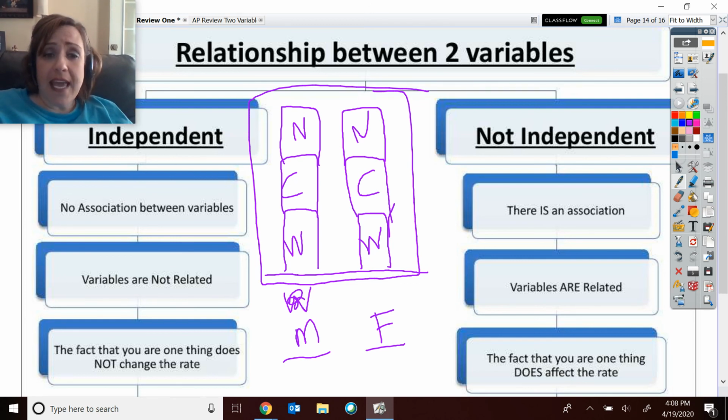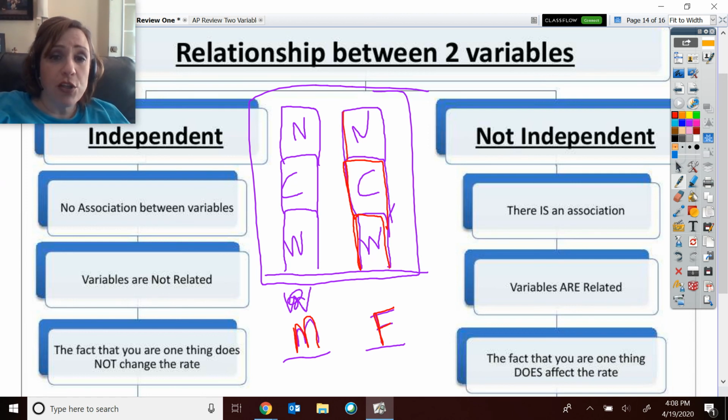Okay? And in this case, there was not a relationship. The fact that you are a male or female is not changing the rate at which you watch the Super Bowl for the game, the commercials, or not at all, because you can see these all have the same size segments.